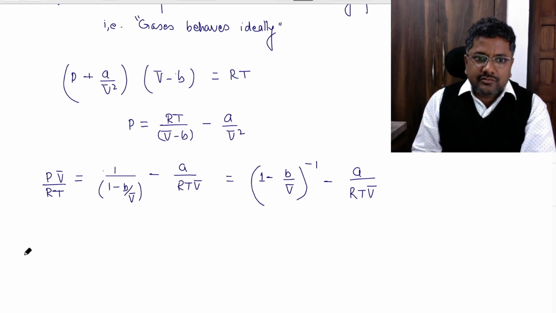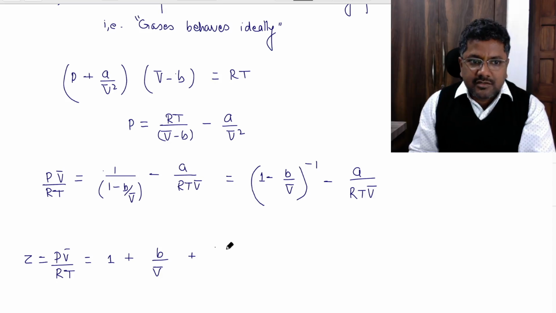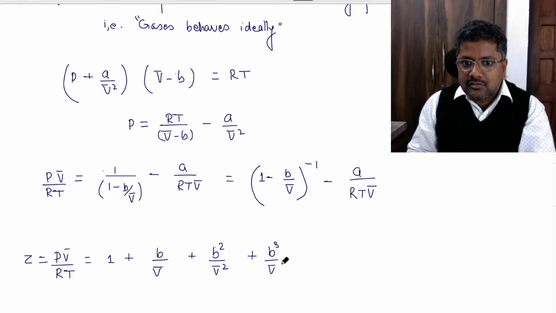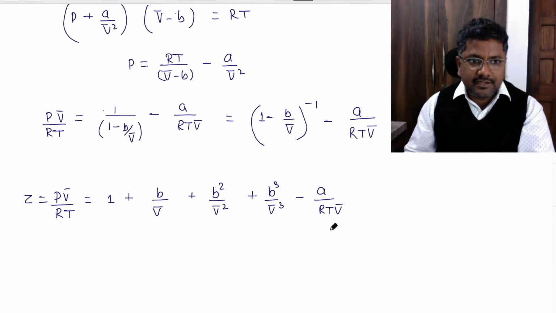So Z = PV̄/RT = 1 + b/V̄ + b²/V̄² + b³/V̄³ + ... − a/(RTV̄).